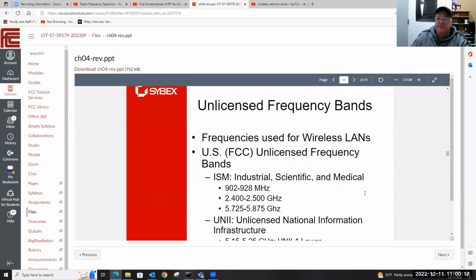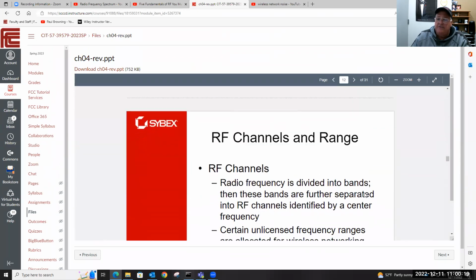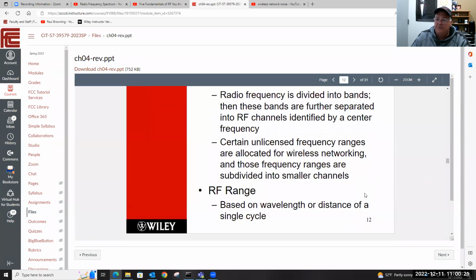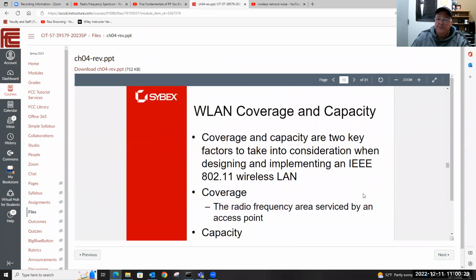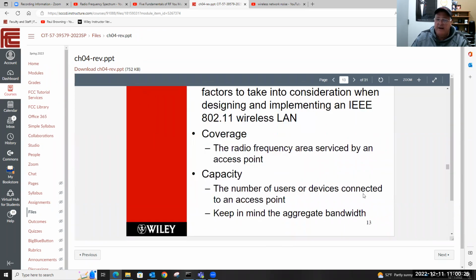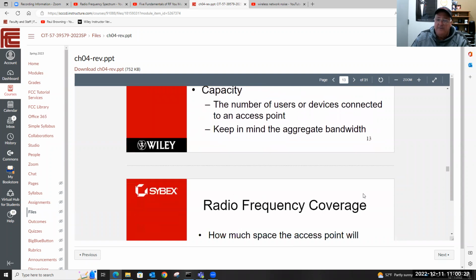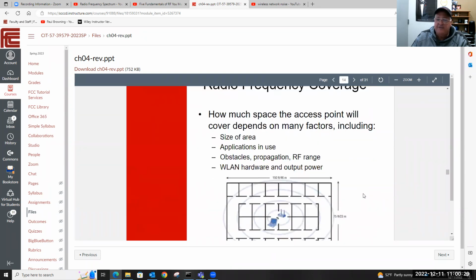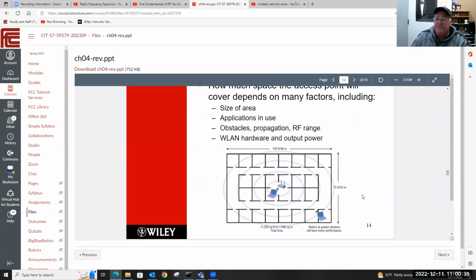And then we get into the frequency bands, and a lot of the information about radio frequencies and ranges that you go through in your book, and coverages set by IEEE: the number of devices you can have, the size of an area, how much space you need for a particular access point, the use, and what kind of obstacles.